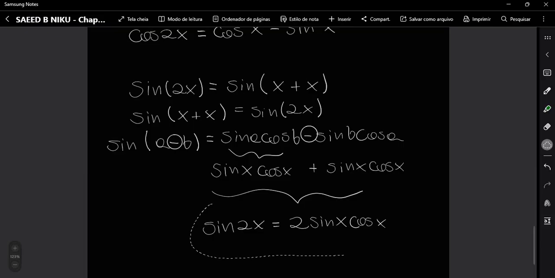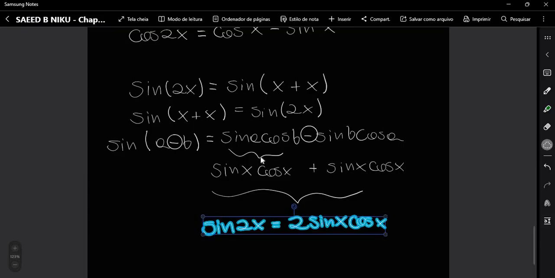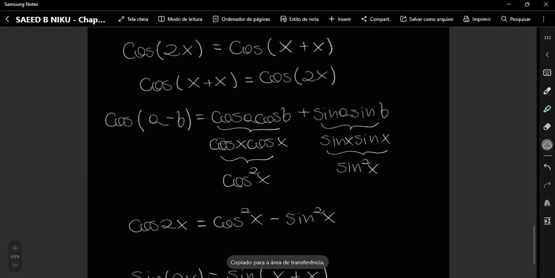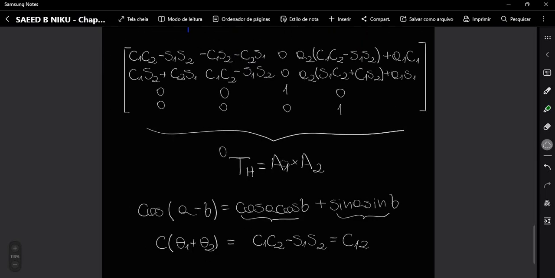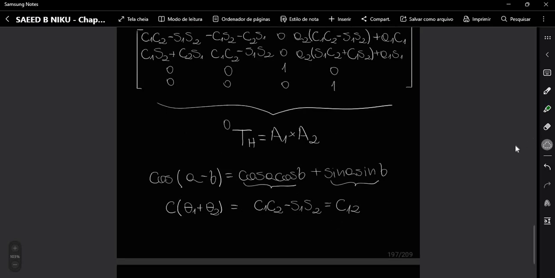And again, let me bring this right here to do a comparison and try to find a correspondence on the matrix, so we can simplify this matrix.